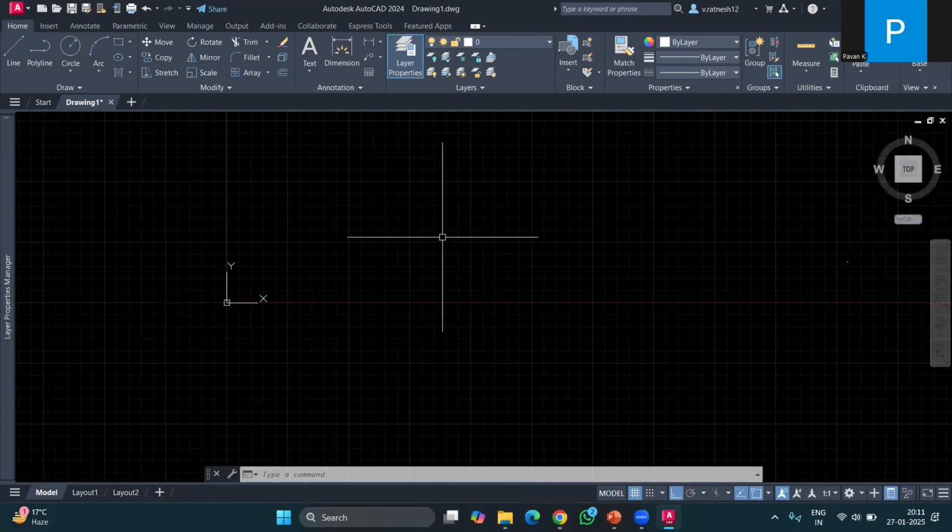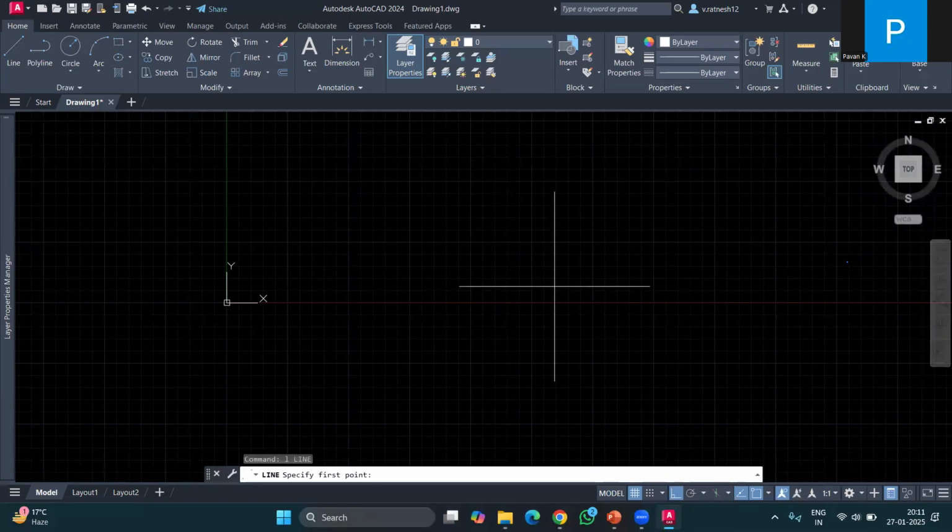If you want to draw a line, I'll enter, and you want to create a line of a length, let's say 20 mm, in the X direction or Y direction. Let's say you want to draw in the X direction, so Y will be 0.